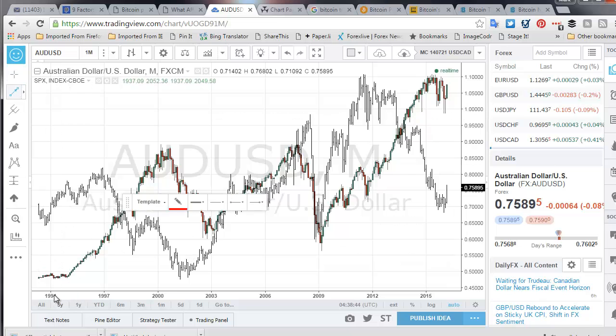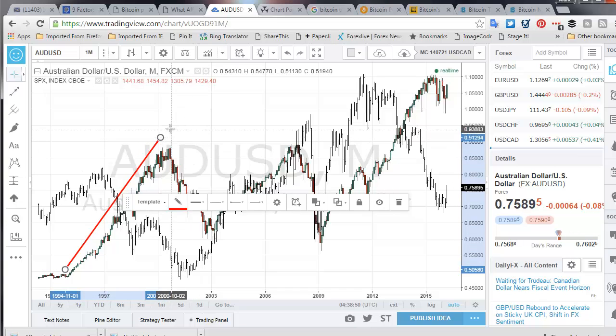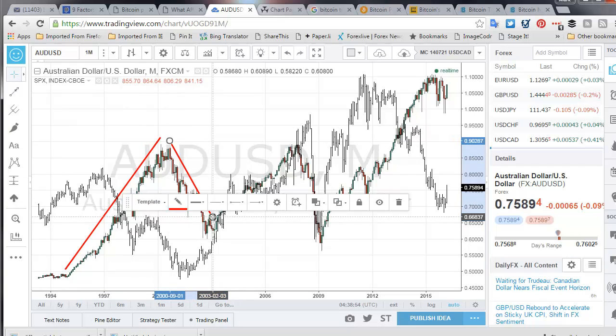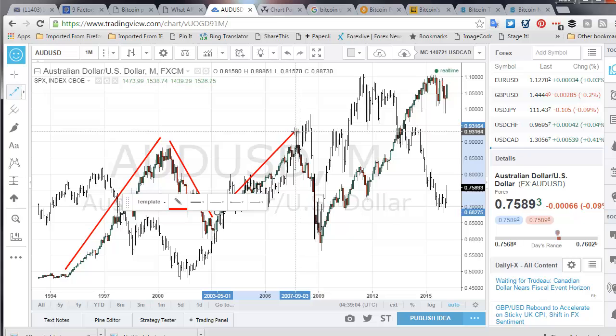What the charts are telling us is we have a long run up in US markets from 94 to 2000. We've got the fall off with the dot-com crash, which ran for 3 years down. And then we've got a long run up to the GFC.